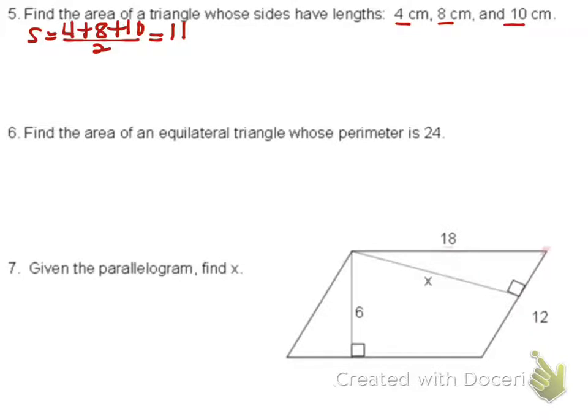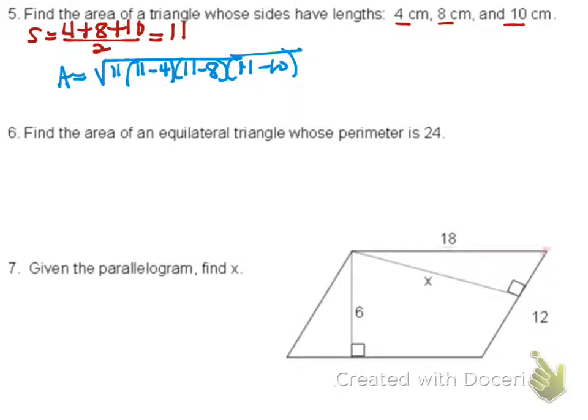Okay, and now I'm going to take that and I'm going to plug it into the formula. So we have area equals, I'm going to take what S is, which is 11, and then I'm going to do 11 minus that first part, the first side, which is 4, and then 11 minus the second side, which is 8, and then the last side, which is 11 minus 10.